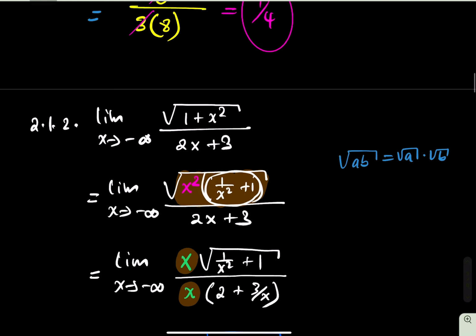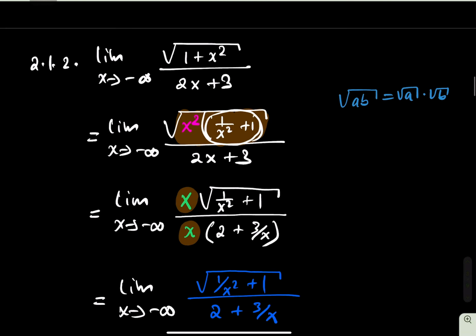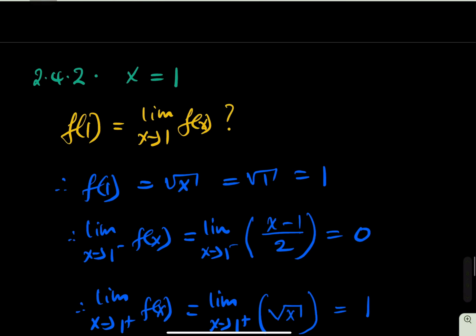I want us to work this whole thing. What are they saying in question 3? Use the definition of a derivative to find f prime of x if f(x) equals sine x. Okay, so we want to find the derivative. So let's write question 3.